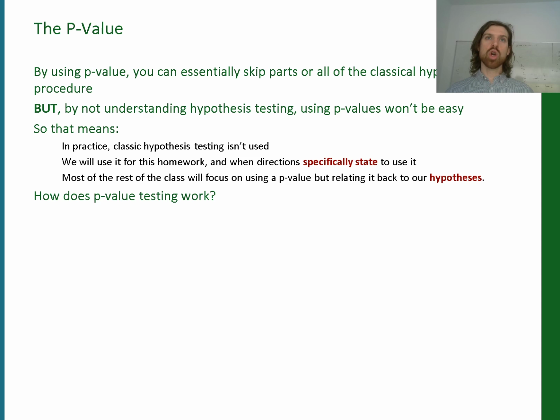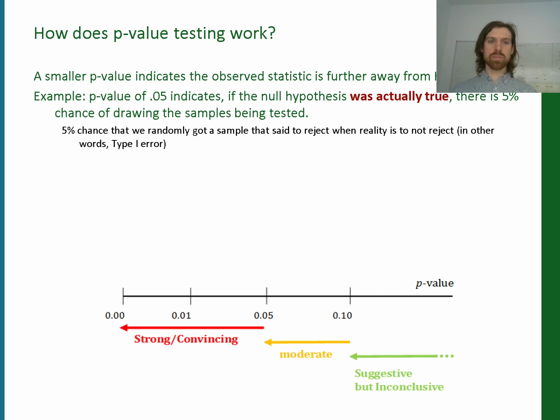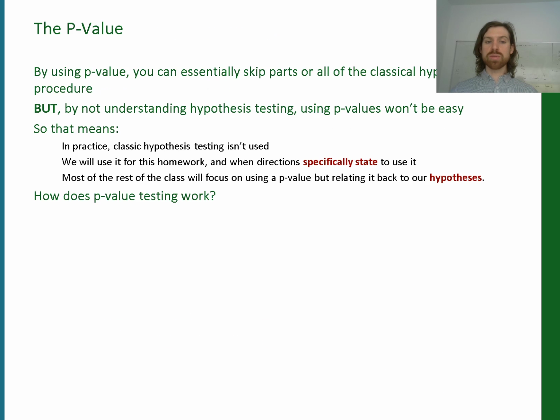We've been over quite a bit of this already today, but the point is that if you don't understand hypothesis testing, then p-values won't be very easy for you. So today we've gone over some of the basics, because you need to do that before you can move to the more complicated ways in which we generate statistics. So one question is, how does the p-value testing actually work?